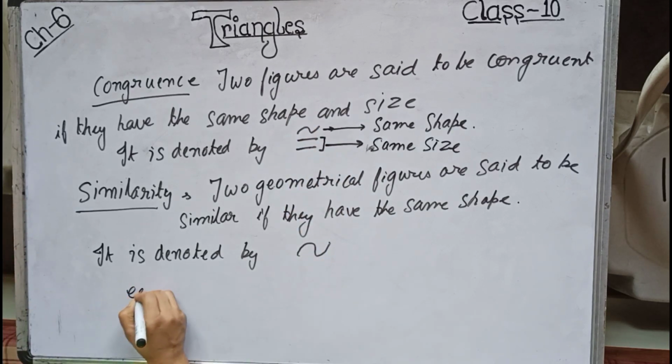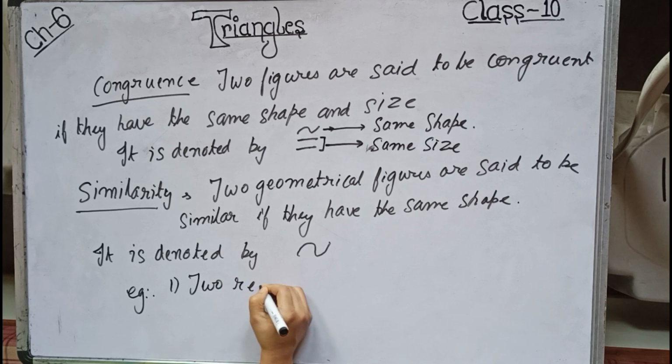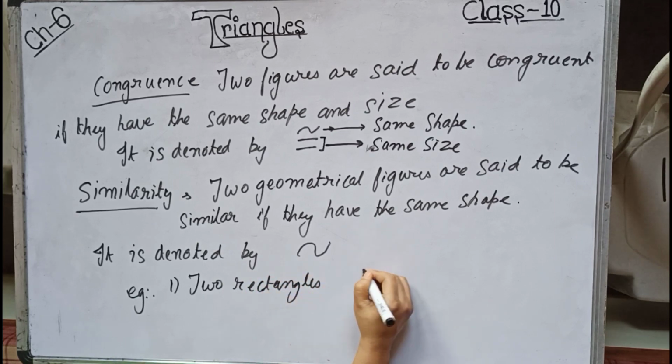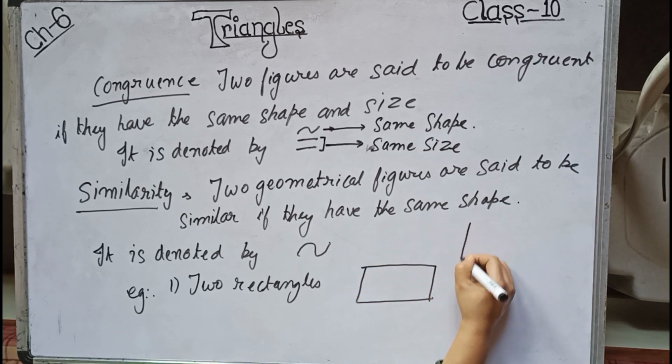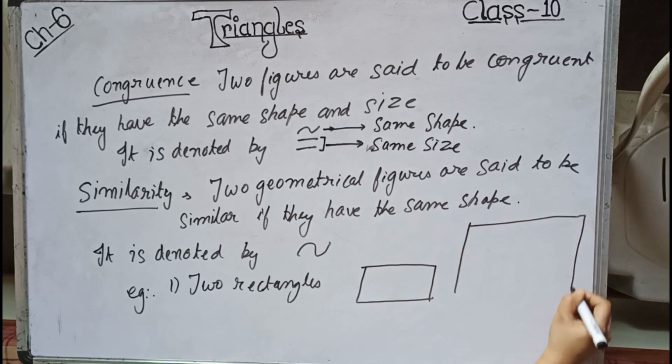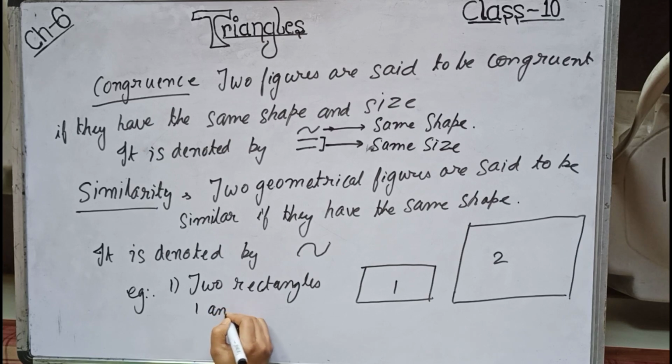So for example, number 1, two rectangles, rectangle 1, rectangle 2, 1 and 2 are similar.